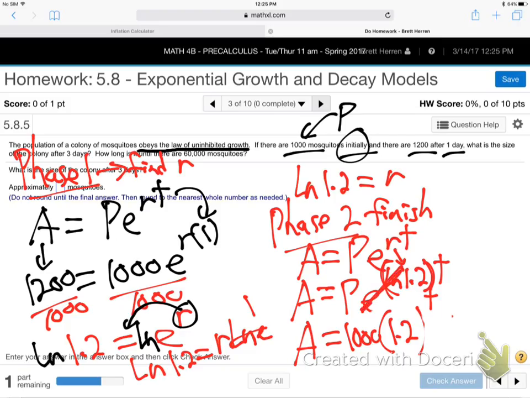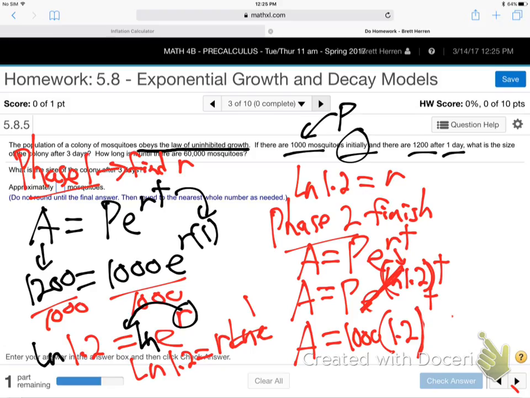So when the e cancels the natural log function, what was in the toaster falls out, but not the t. The t was never in there. He was always in the power all by his own self. But what was in the toaster falls down to the base, 1.2 to the t. That'll be easier for you to use with the calculator. I'm not sure whether they show it or not, but it'll make things easier for you.